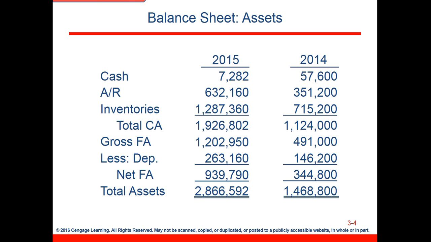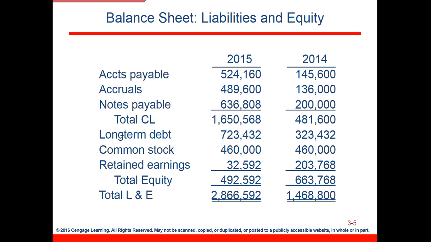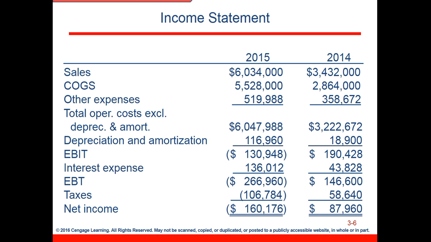The book analyzes the balance sheet of the company between 2015 and 2014, looking at assets as well as liabilities and equity, and then compares the income statements between 2015 and 2014. You can go over the details from the PowerPoint slides that I'm uploading to e-learning.